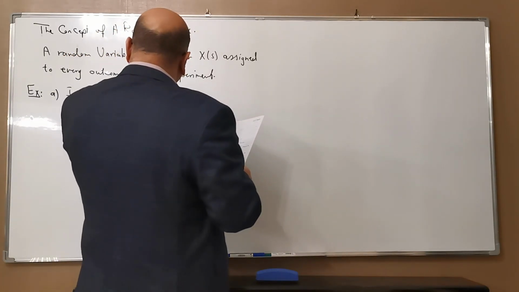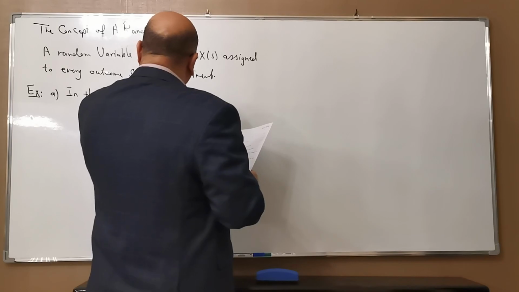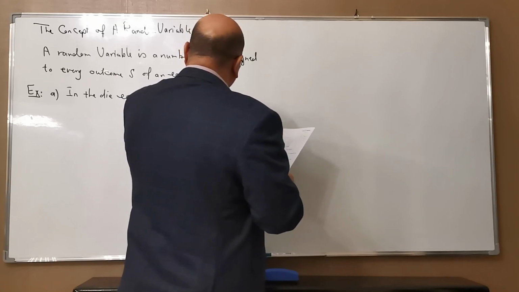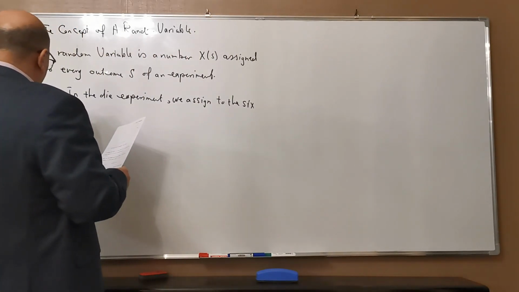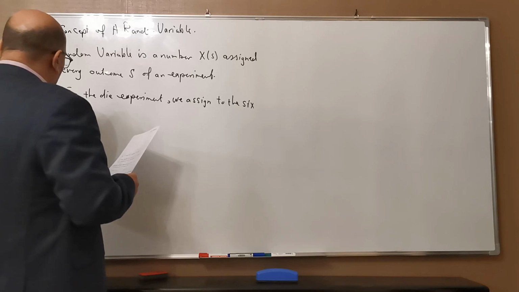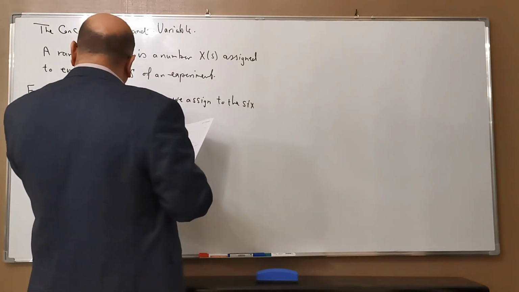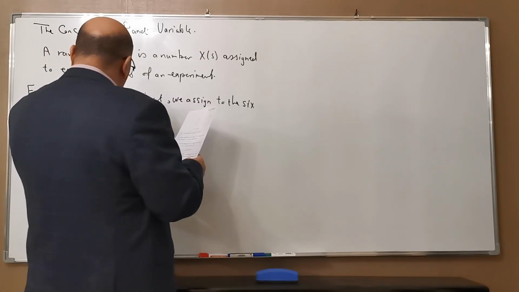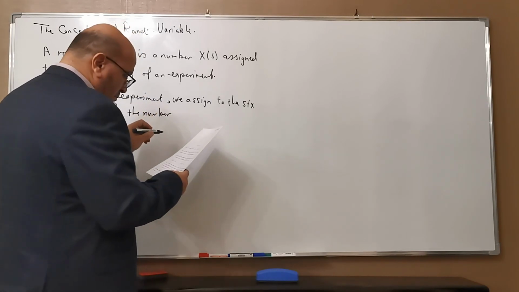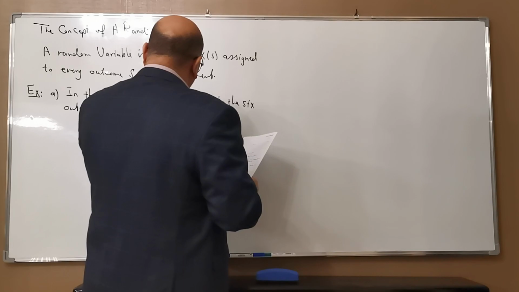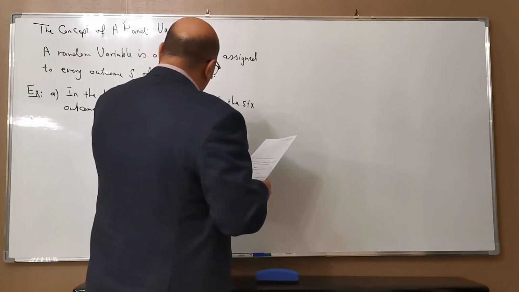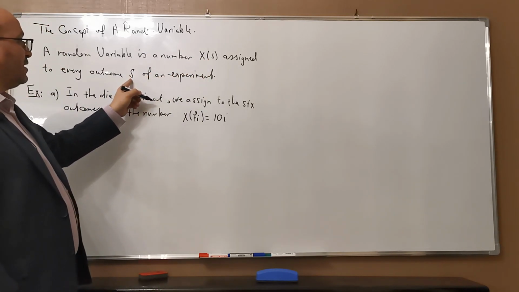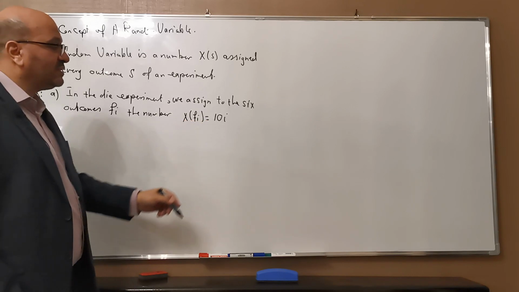We assign to the 6 outcomes Fi the number X of Fi equals 10i. لاحظوا ان التجربة هون الاكسبيرمنت عندي Fi اللي هي مكان الاس، X of Fi equals 10i.